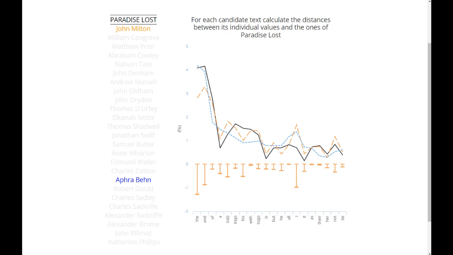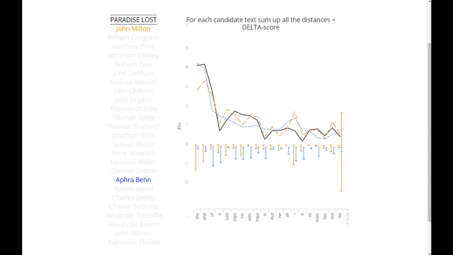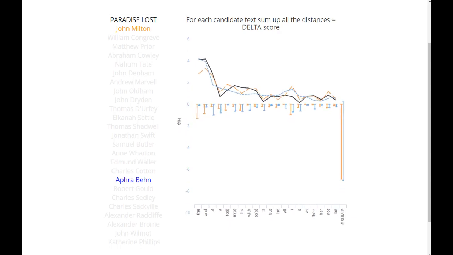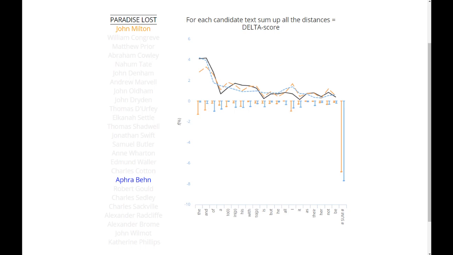These lines are the distances, or the differences, found between Paradise Lost and Aphrodite. In practice, there's one important step, the transformation to z-scores, but let's keep things simple and deal with the frequencies themselves. So basically, what Burrows suggests is simply to sum up the differences, and the final number shows which one is closer.